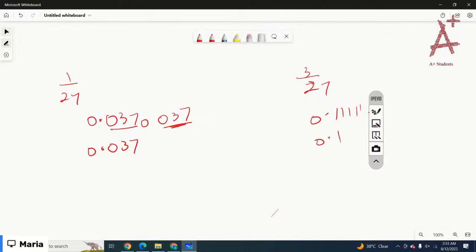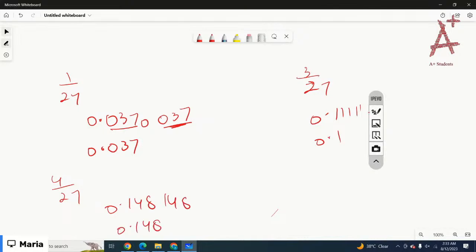Okay, now let's just do the second part. You have to identify the pattern for 4 over 27, right? So when you divide 4 over 27, it would be 0.148148, right?